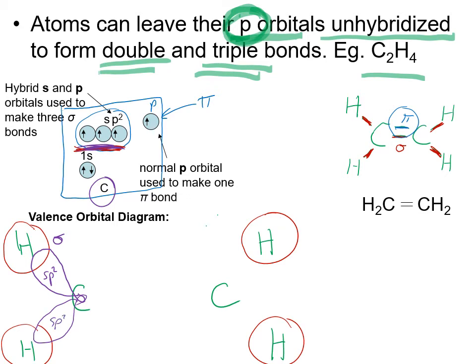So that's this one right here we've drawn, and this one right here we've drawn, and they are sharing their electrons with the hydrogen. Imagine a hydrogen with a 1s electron. One of them's going right there and sharing, and that's what we're seeing on the top hydrogen.